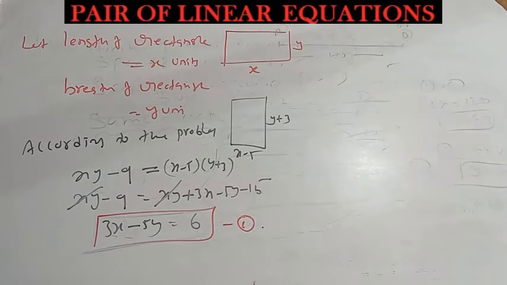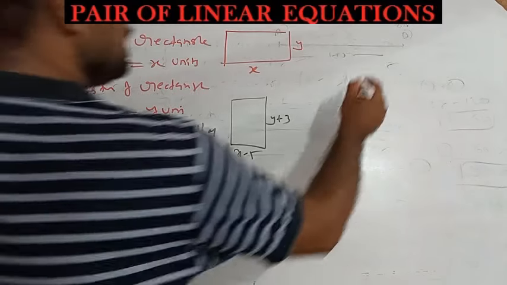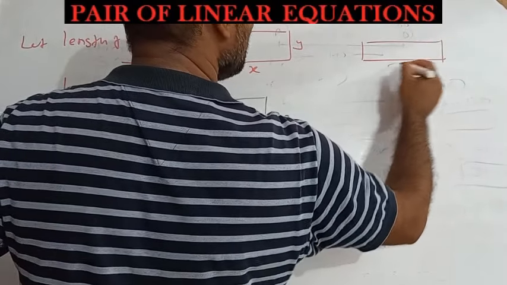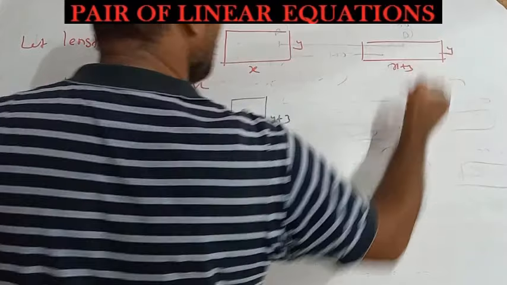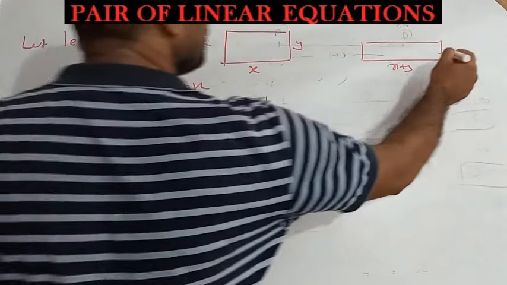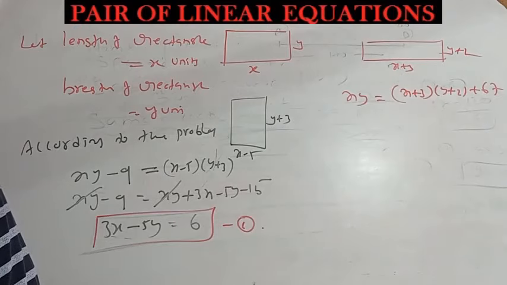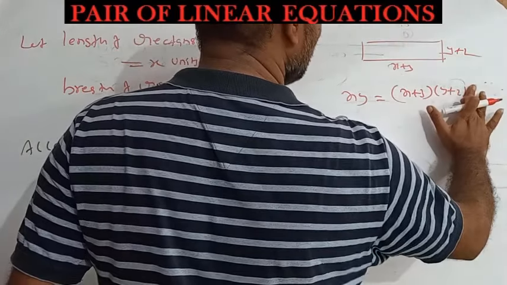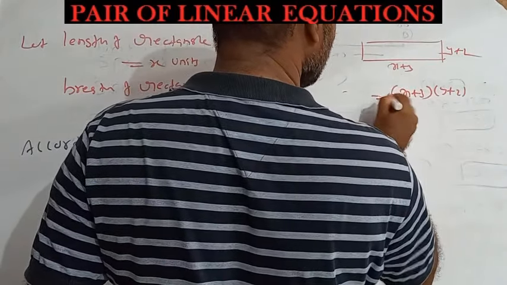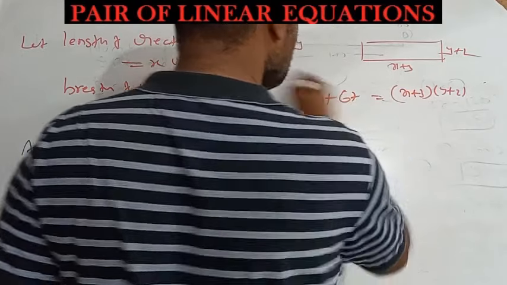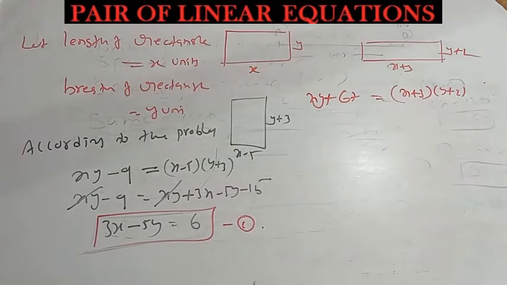If the length is increased by 3, x plus 3, and breadth is also increased by 2, then the area increased by 67 square units. Area increased by 67 means the new area is 67 plus the old.